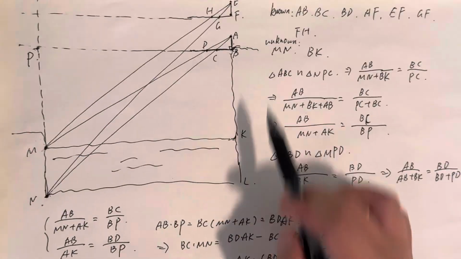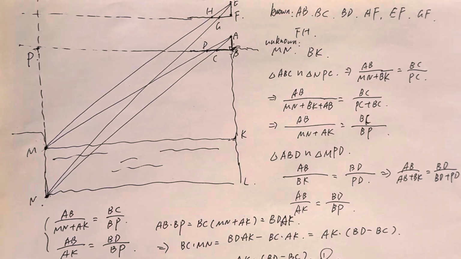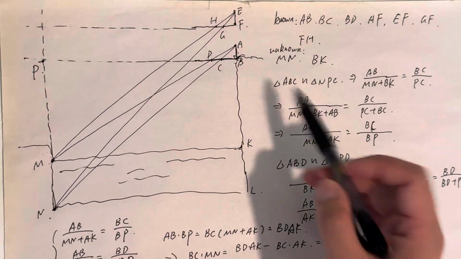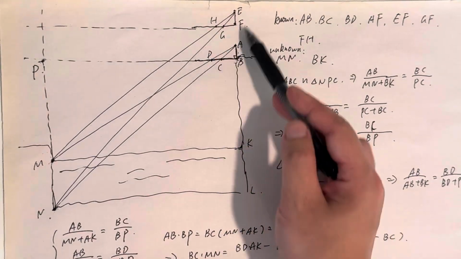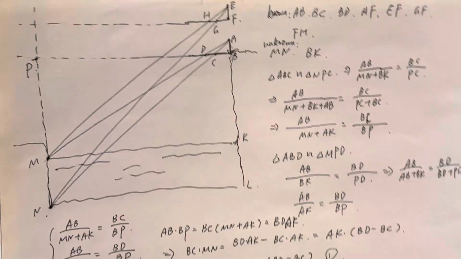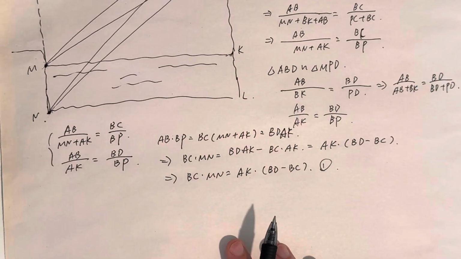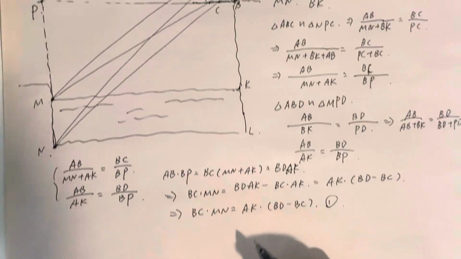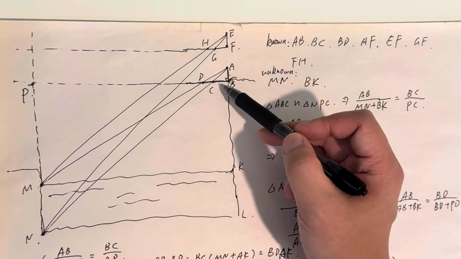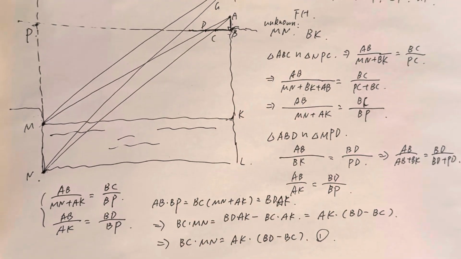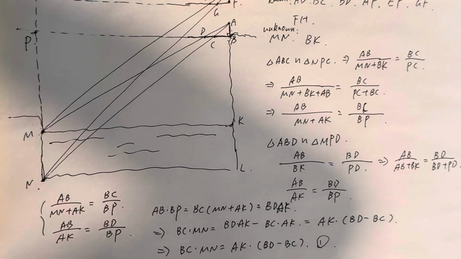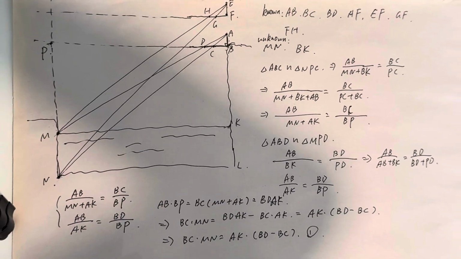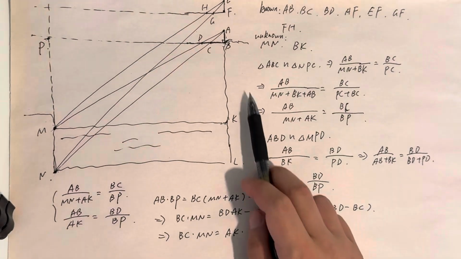Similarly, we do the second measurement. Remember, this measurement will give a similar result to this one, so we can directly write down the second measurement result. Here is a BC.